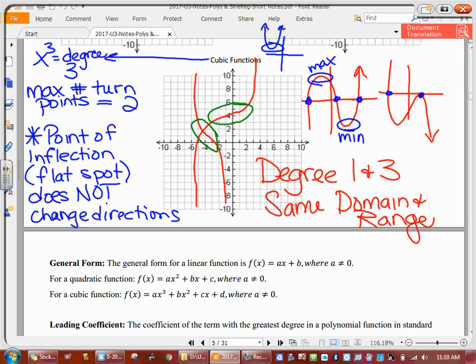Here we have a min, over here we have our max. Because we've got a maximum and a minimum in each function, we call them relative max and mins. Okay, I'm going to give you a couple minutes to write that down, and then we're going to move on.